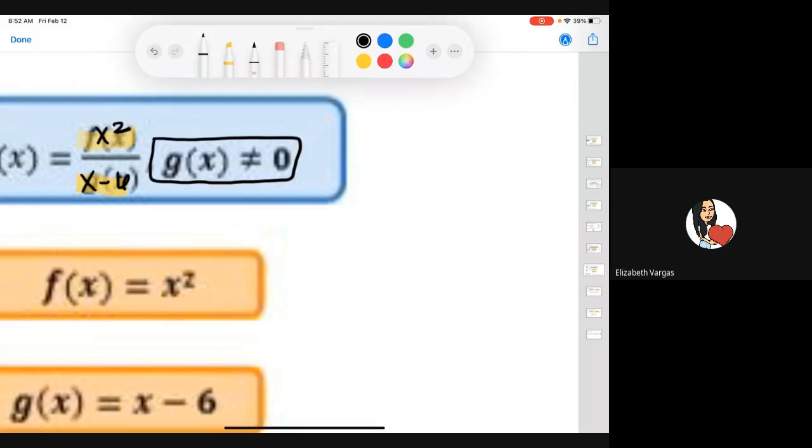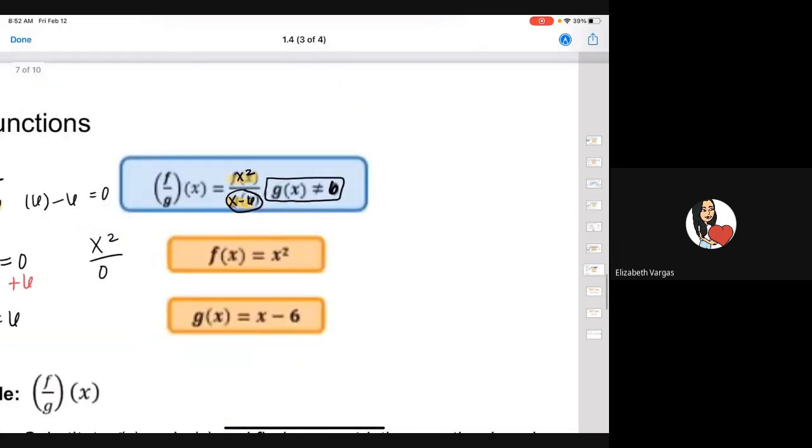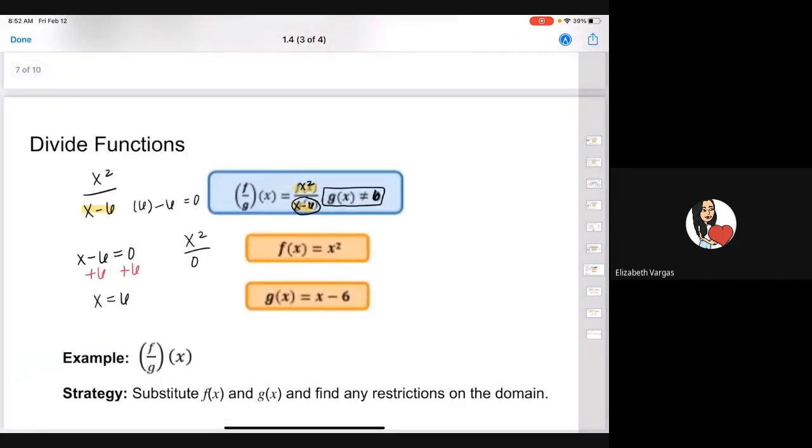And then in order to find out when g(x) is equal to 0, the bottom half, you have to find when the bottom half is equal to 0, and that's when x is 6. And so this would be substituted by 6. So therefore, your resulting equation will look like this.